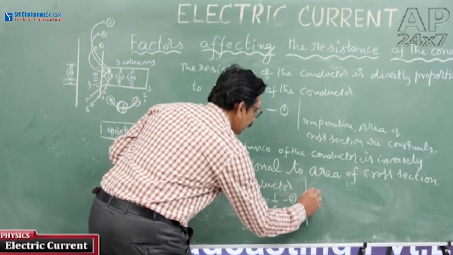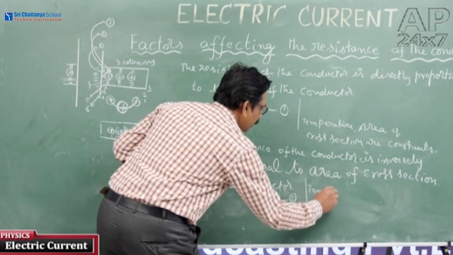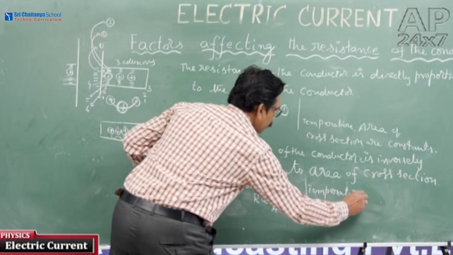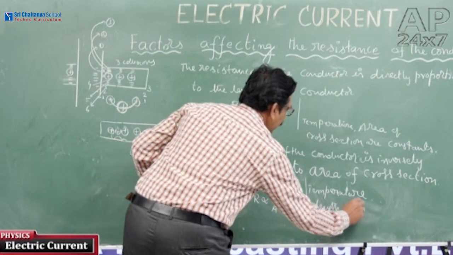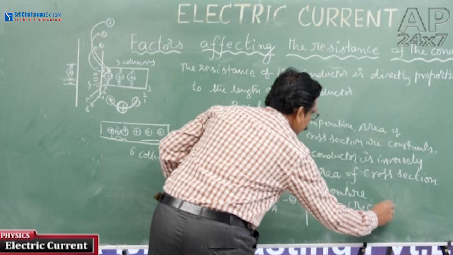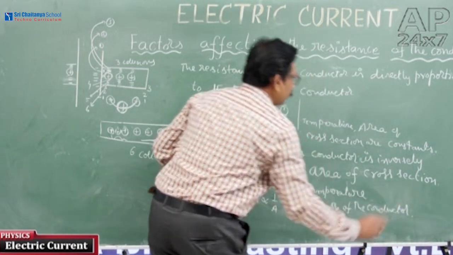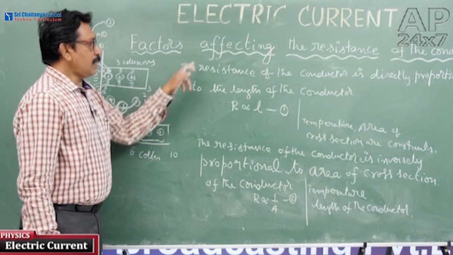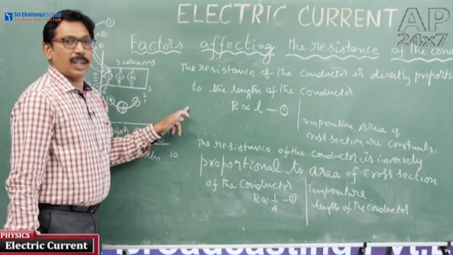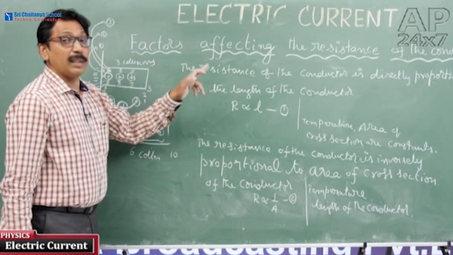So what are the constants here? Temperature and length of the conductor. These are the two factors which are affecting the resistance of the conductor.